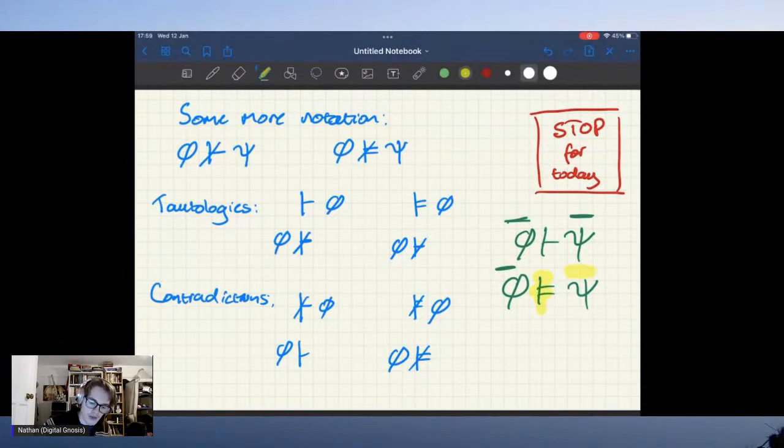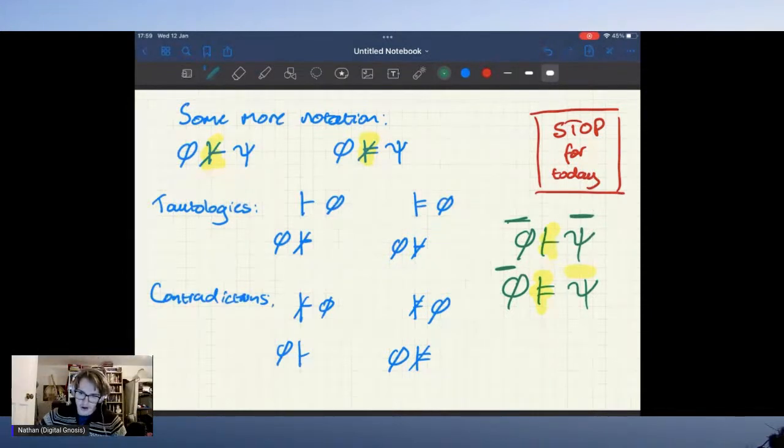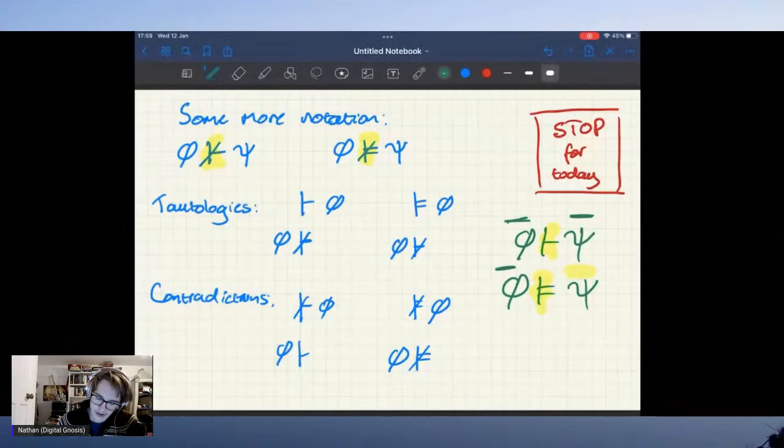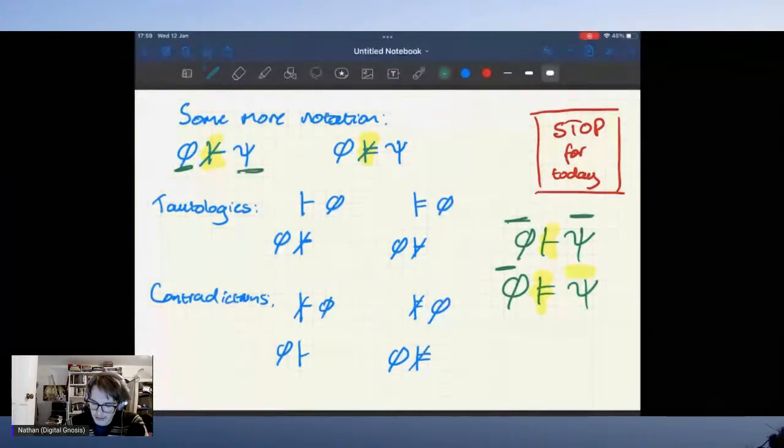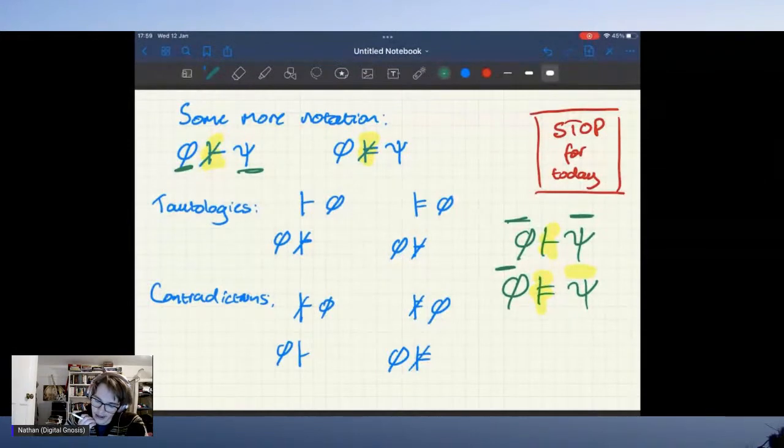Okay, but what about these different turnstiles? So these basically look the same, but they have a line through. It just basically means the opposite. So in that case, the well-formed formula here on the left does not entail the well-formed formula on the right. Let's talk about things in terms of Tableaux, because we're talking about syntactic entailment.